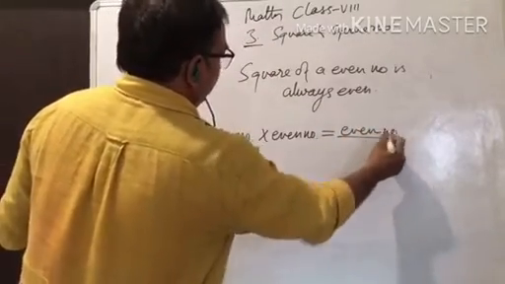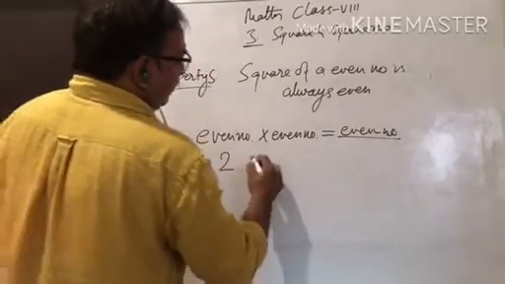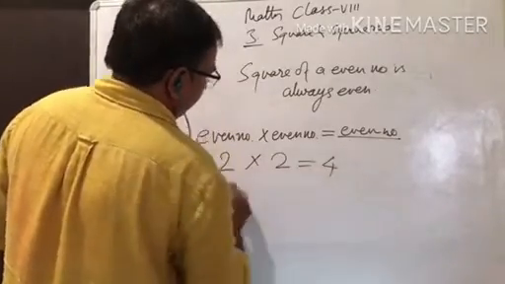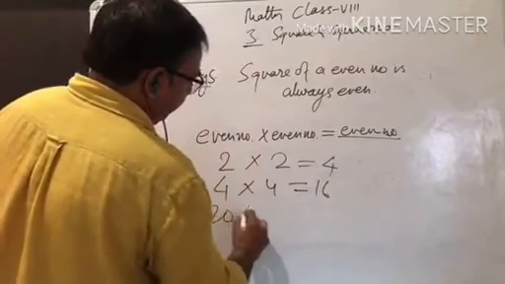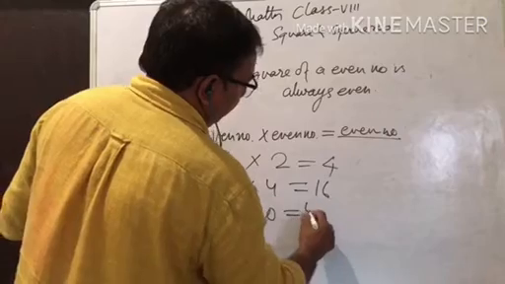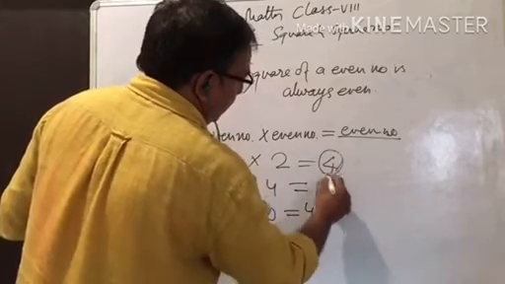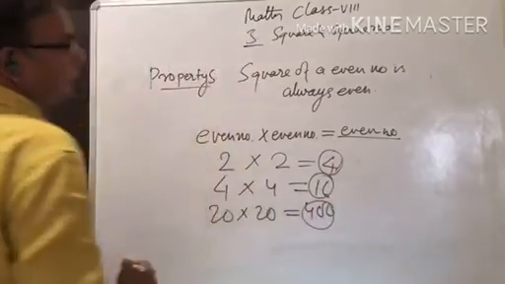Let us take an example: 2 is an even number and 2 times 2 becomes 4. 4 is an even number, 4 times 4 is 16. 20 is an even number, so 20 times 20 is 400. So all are even. Understood?